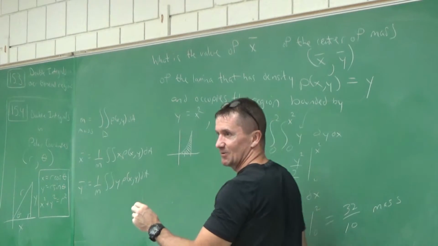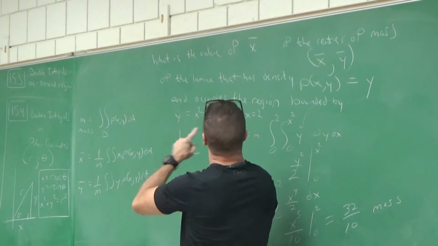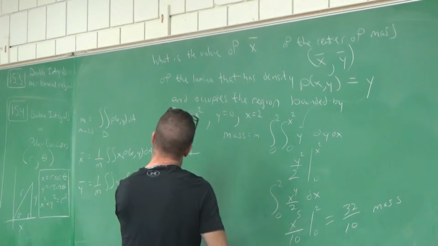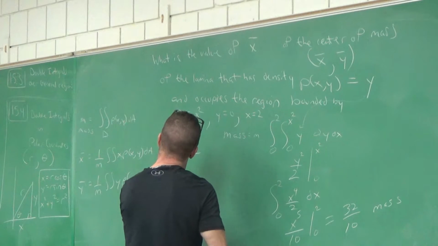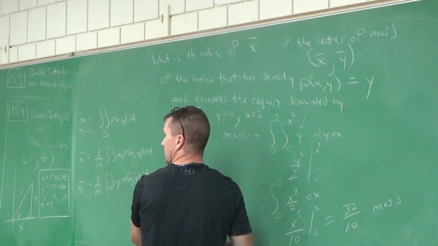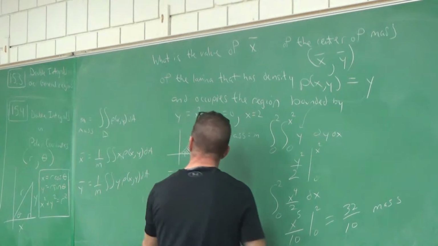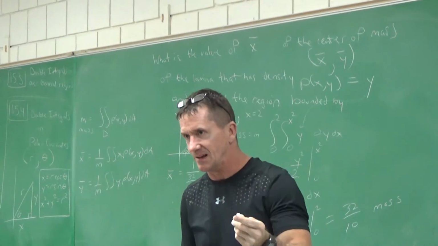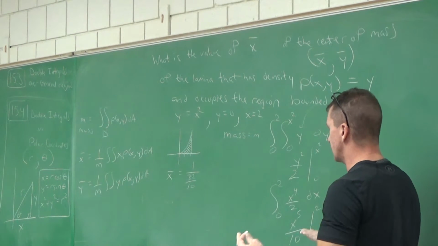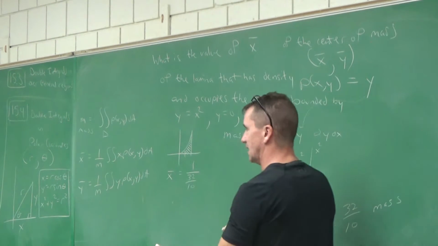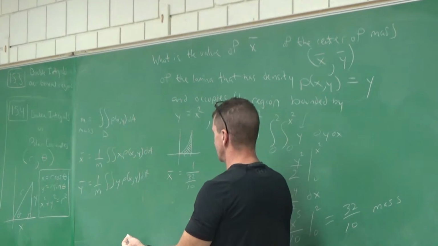So I'm going to go over here, we're going to do one more integral and we can find this x bar. Alright, so I'm going to say x bar equals 1 over the mass. So what the heck is 1 over 32 over 10? 10 over 32. So I'm going to write 1 over 32 over 10 is 10 over 32.